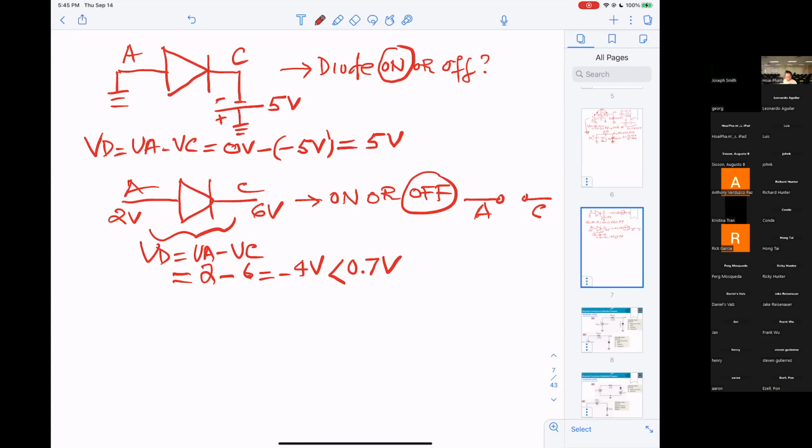So you need to get the VD, the anode different from the cathode VC. If they're greater than or equal to 0.7 volt, they're on. If they're less than 0.7 volt, they will be off. Okay, any more questions?